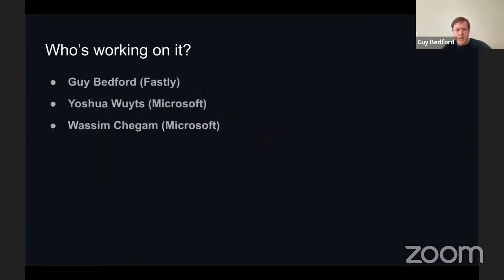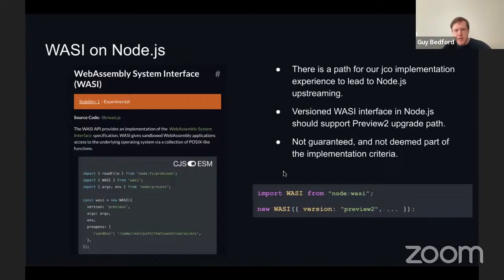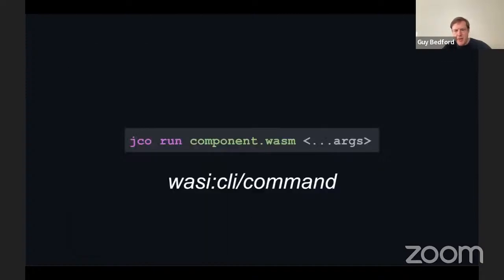And we've been collaborating with Microsoft on this at the moment. So it's myself, Joshua Waits, and Wasim Shegem. The overall Preview 2 integration, the goal for our project is to prove out what it might look like if we can update uvwasi and at least the Node core WASI implementation to Preview 2 and how that can work in Node.